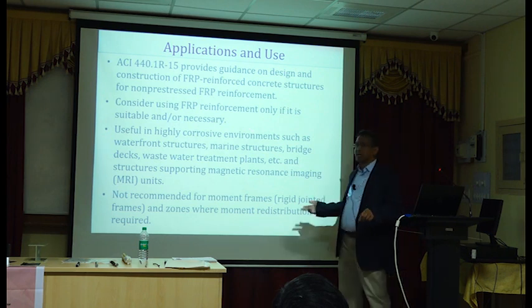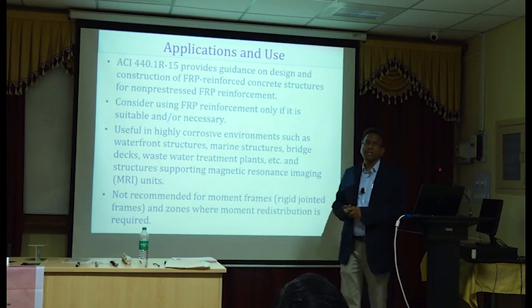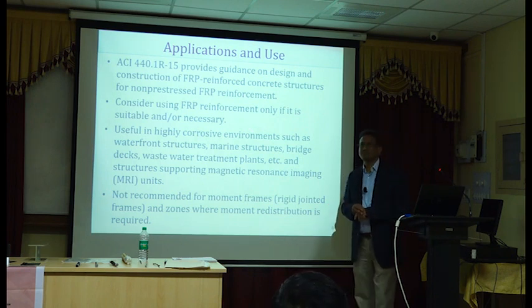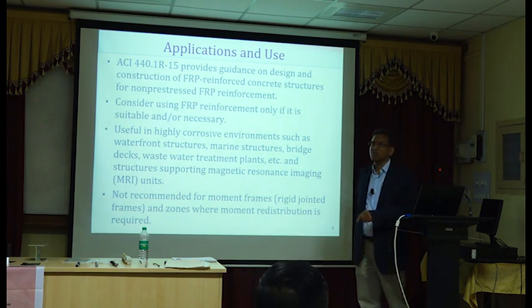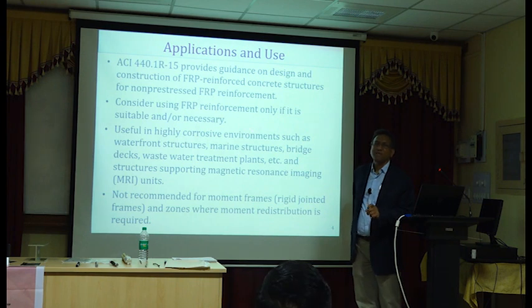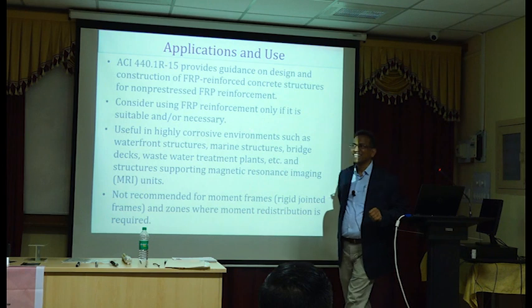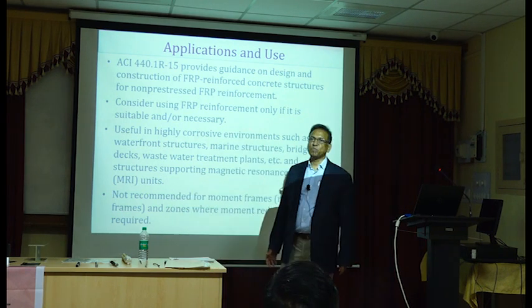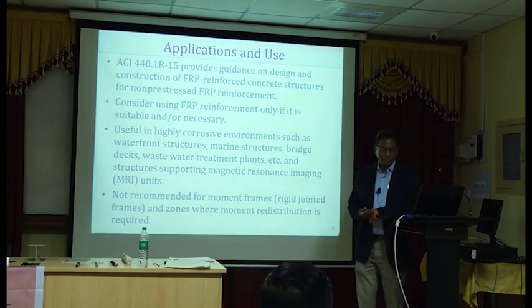And also, if you are considering, how many of you use moment redistribution in your design? A few of you, that's good. So, what kind of moment redistribution do you use? How much maximum? 30%. Wow, you are following British standard, right? That's the reason. Yeah? Yeah, that's right. So 30% is a lot, right? Anyway, ACI doesn't allow 30%.